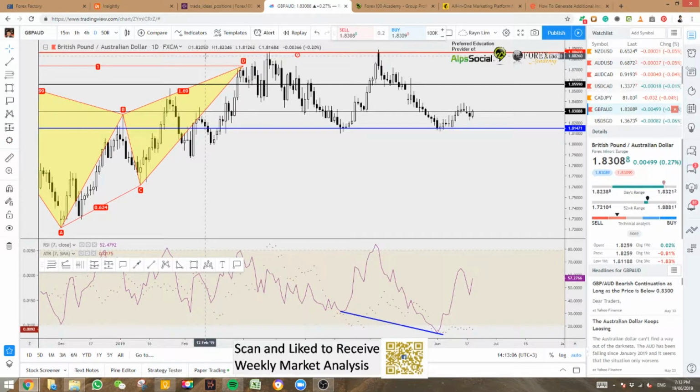Let us just go straight to analysis for this. All right, and the interesting part about this is there is a support over here. The market came, respected this level. However, the RSI went lower. This is what we call a hidden divergence.